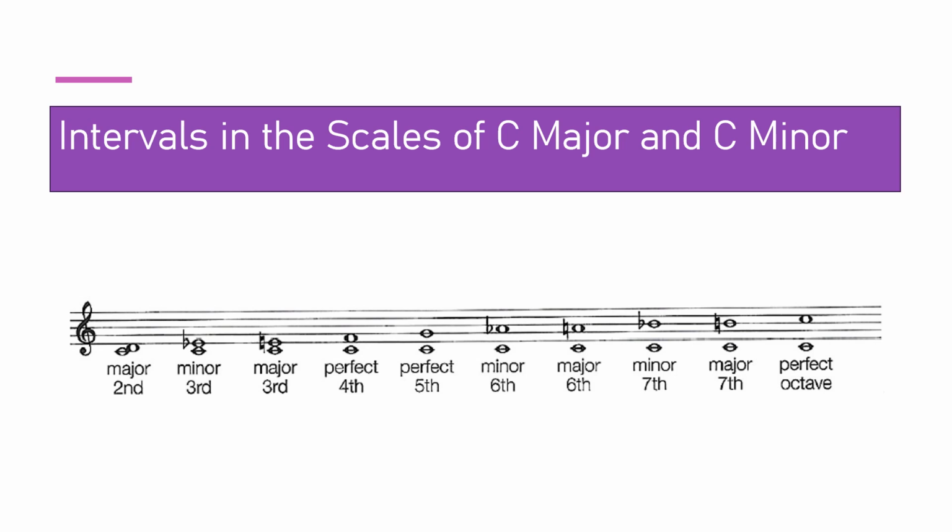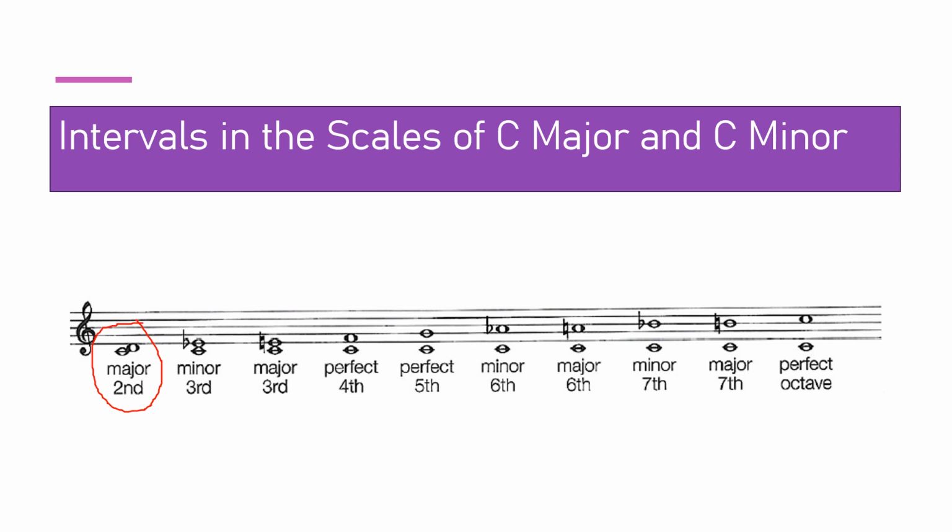This is just a quick example of what I've said so far, bringing everything together. If you look at this, major second, this is for the scales of C major and C minor, all right? So for C major and C minor, we just pull everything together. C to D is the same whether it's major or minor.